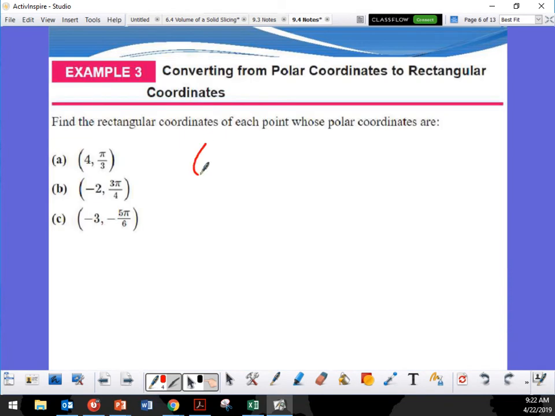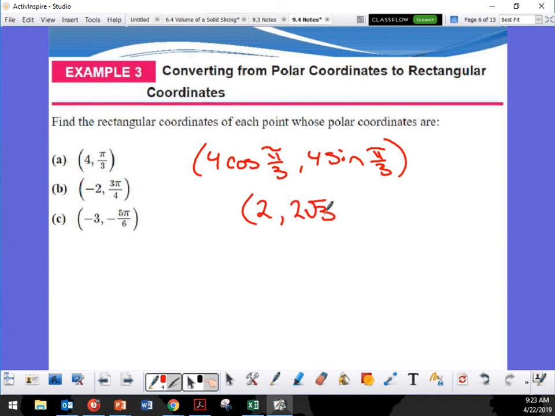So it's going to be r, which is 4, cosine of pi over 3, and then 4 sine of pi over 3. Cosine of pi over 3 is going to be 1/2. So 4 times 1/2 is 2. And sine is going to be rad 3 over 2, so 4 times that is 2 rad 3. And this is going to be in my rectangular coordinates.